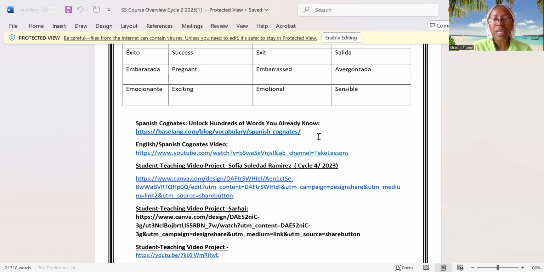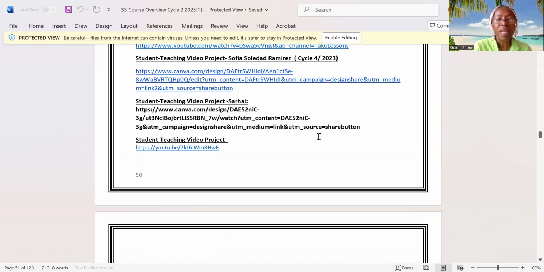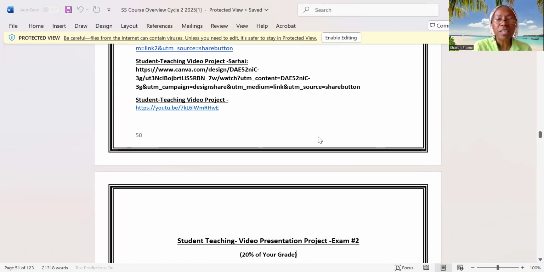Now, I don't believe this link works. It might not be activated, and that's the reason why I put it on WhatsApp so you can watch it. We have a couple more, Sarah Yee. I don't think Sarah Yee has dropped that video. If it doesn't work, it's okay, because you have Sophia's example. And then there is another video you can watch to see how students have done it differently.